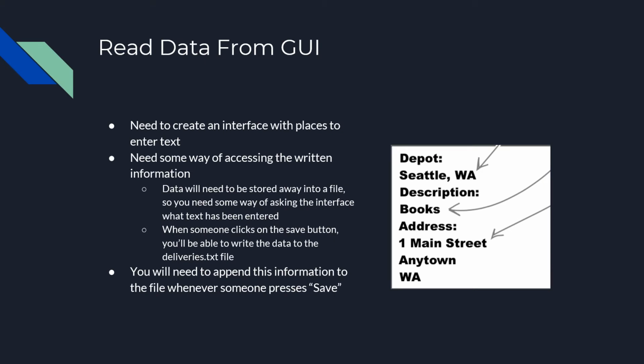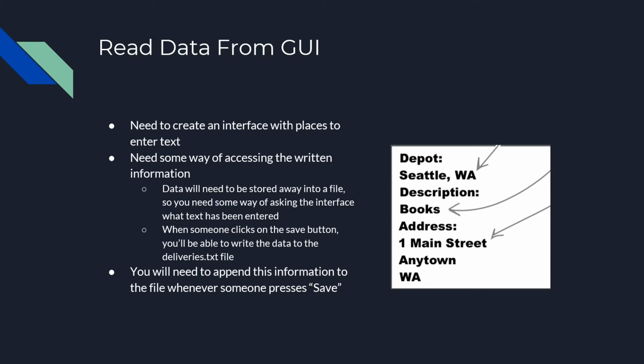In order to read the data from the GUI, we need to create an interface with places to enter the text. Also, we need to access the written information. Data will need to be stored away into a file, so you need some way of asking the interface what text has been entered. When someone clicks on the Save button, you'll be able to write the data to the deliveries.txt file.